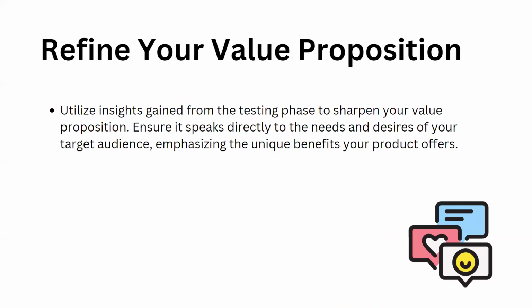So what are the strategies that we need to do? There are a few strategies that overlap with your go-to-market strategy, right? For example, you need to refine your value proposition.